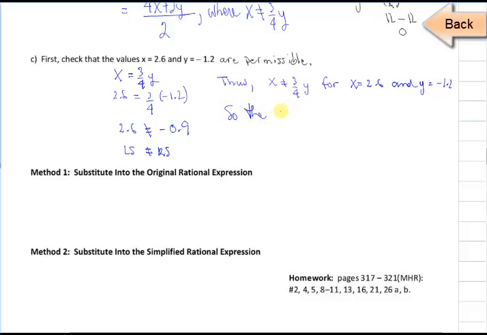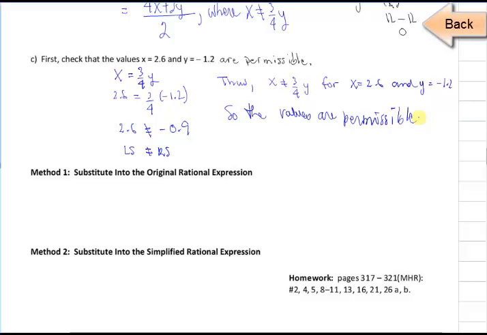So the values are permissible, okay? So that means that when you substitute those two values into the denominator simultaneously, you will not get 0 in the denominator.